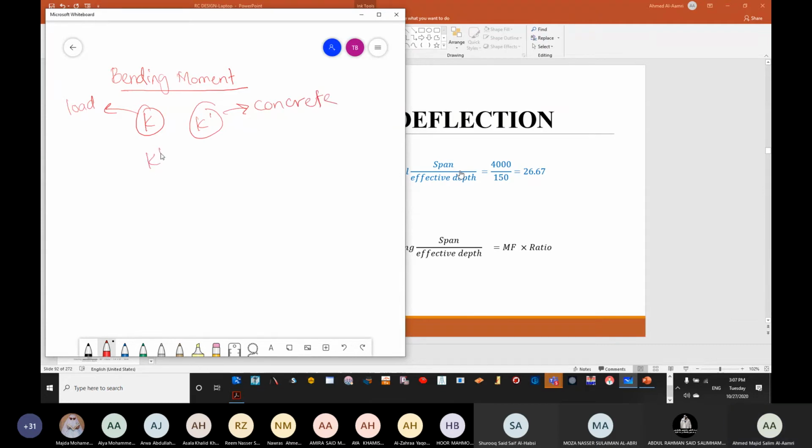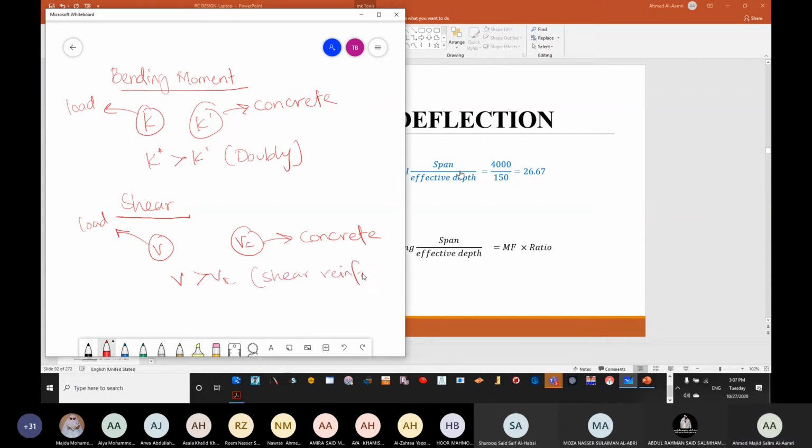If your K is more than K dash, then it's going to be compression reinforcement. We said for shear, we are comparing between V, which is for the load, and vc, which is for concrete. If your V is more than vc, at that time we'll have shear reinforcement. Are we okay?